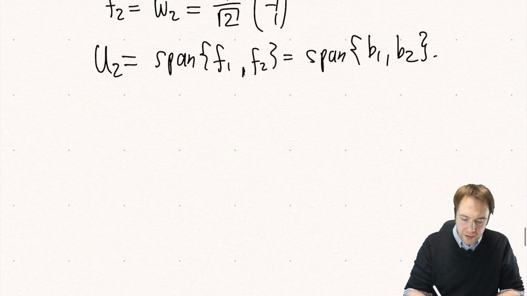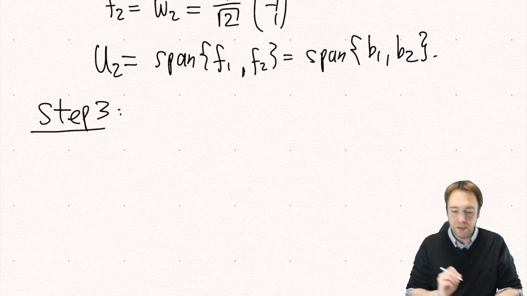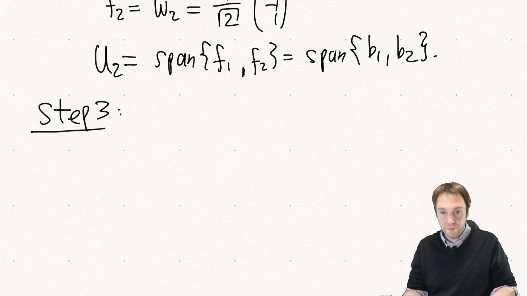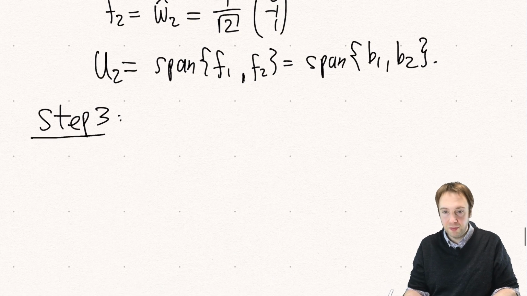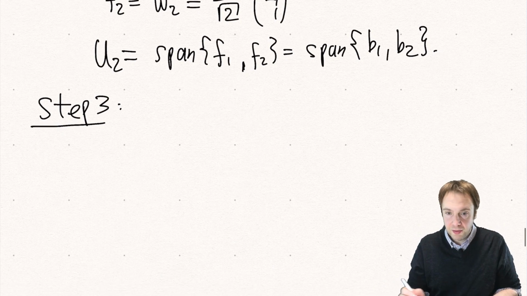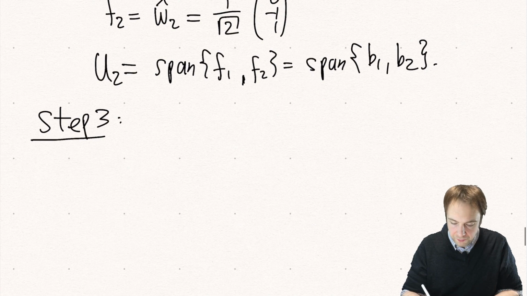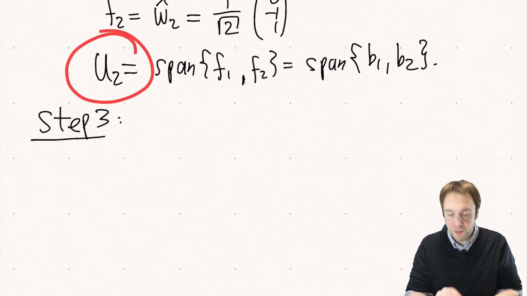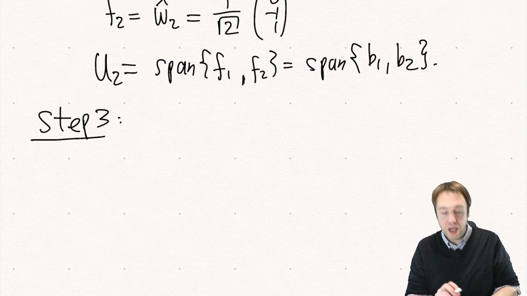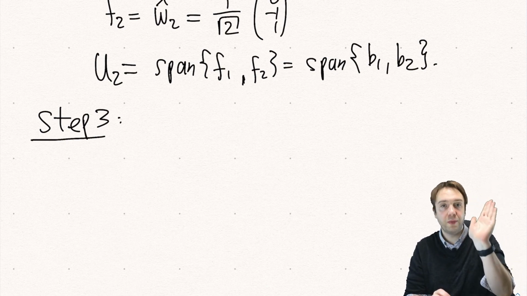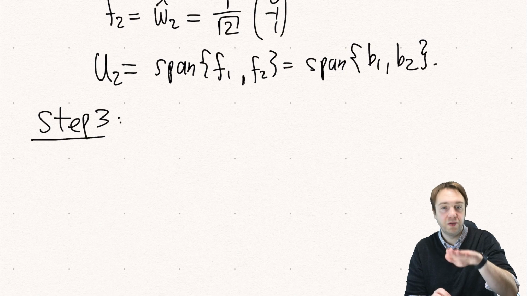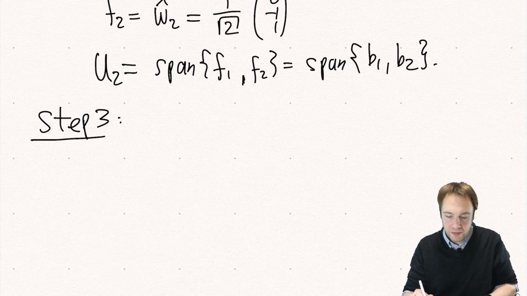Okay. Now we have F2, so in step 3, surprise, we want to calculate F3, and we do the same game as before. We have a subspace U2, and for any subspace and for any vector we can find a parallel part of this vector in this space and an orthogonal part.